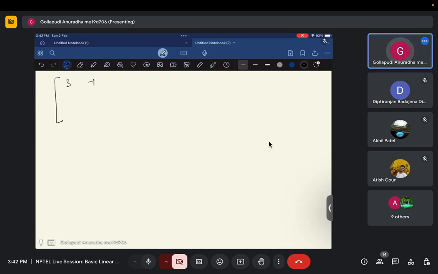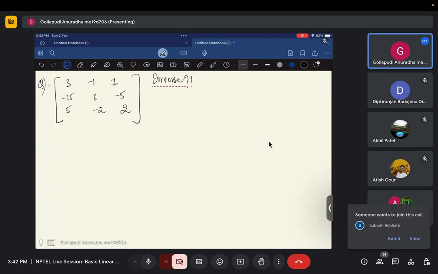Try to find the inverse of this matrix. And next we are moving on to the next question. Try to find the inverse of this. So what are we going to do first?